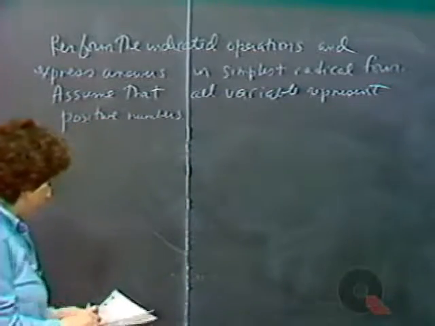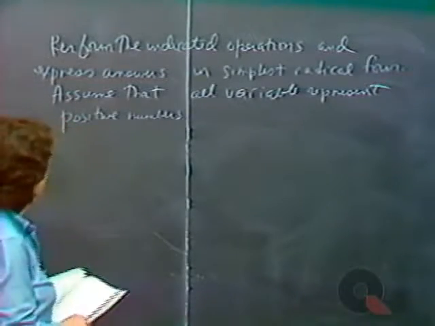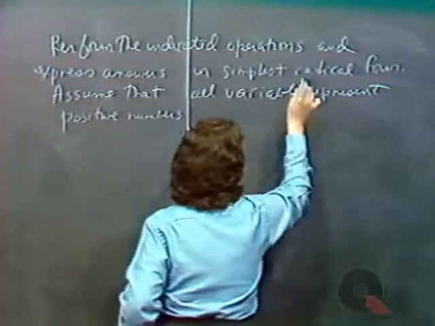So in the examples throughout this tape, perform the operations and express your answers in simplest radical form, assuming all variables represent positive numbers.